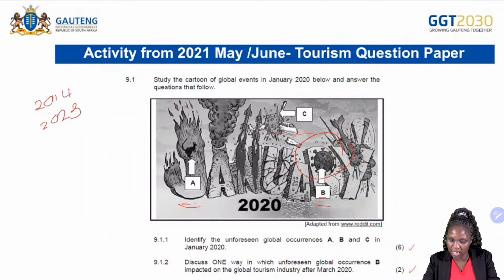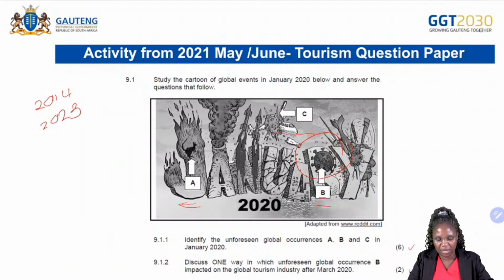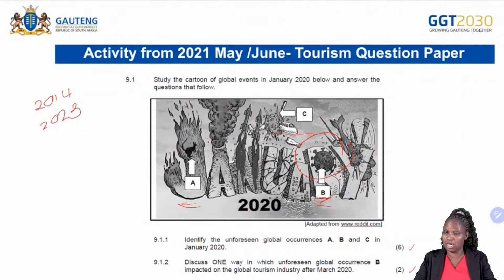And then let's check question 9.1.2. Discuss one way in which unforeseen global occurrence B impacted on the global tourism industry after March 2020. Remember what we said here. We said this is COVID-19.